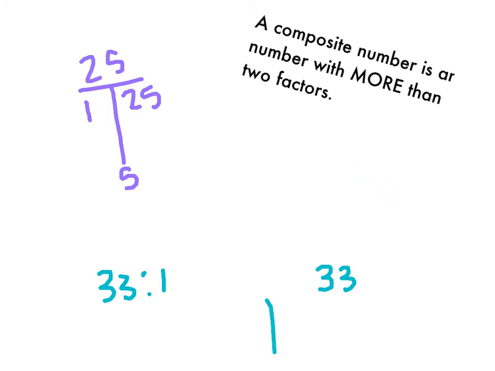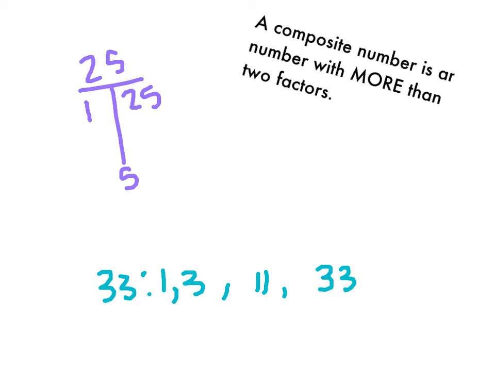Miss Mitchell? Well, I know 2 can't be a factor because it's not an even number. But I also know that 3 times 11 is 33. Aha. You tried to trick me. I did. So 33 actually has 4 factors, which would be more than 2, so it is also a composite number.